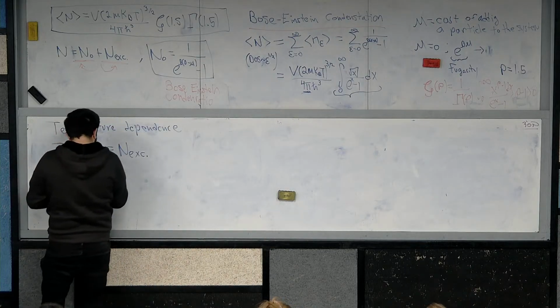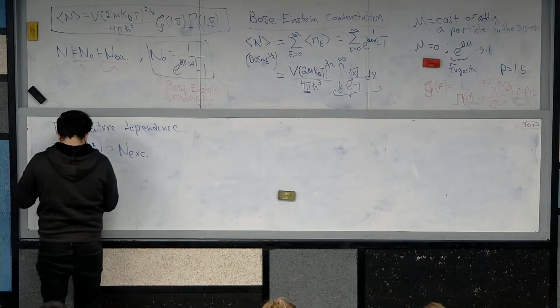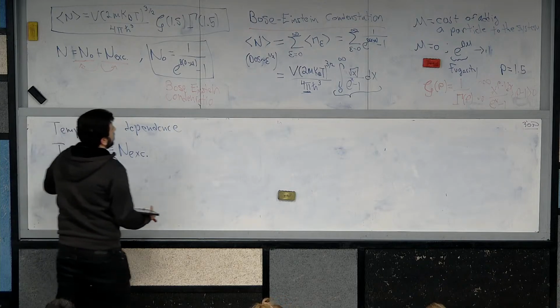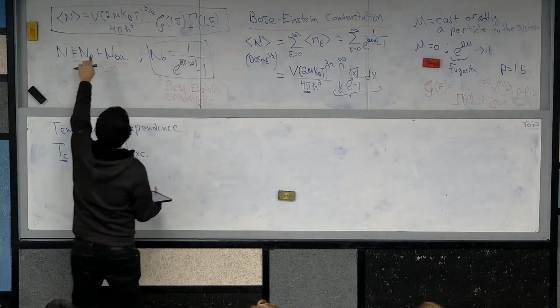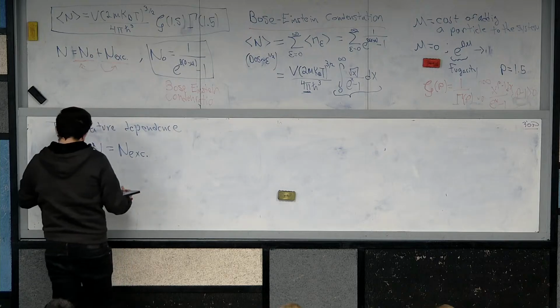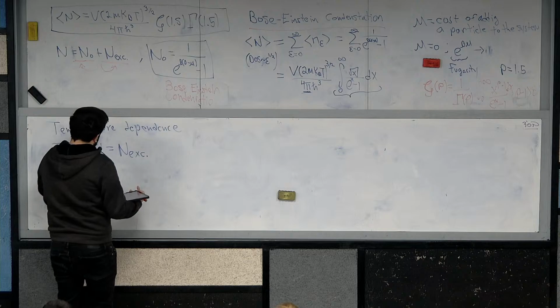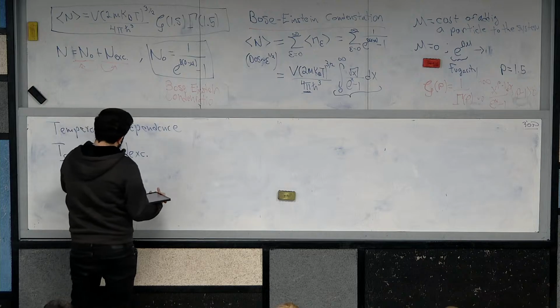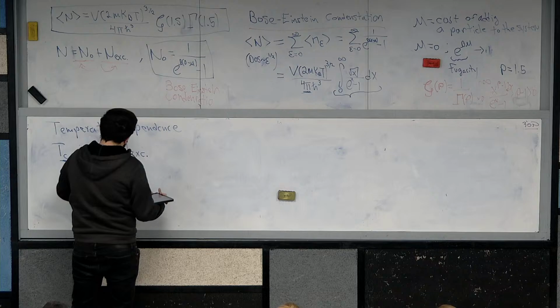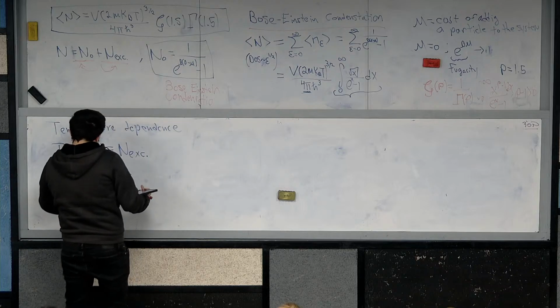Okay, so the idea is that we just need to plug in here the critical temperature. So m k_B T_C to the 3 halves over 4 pi.